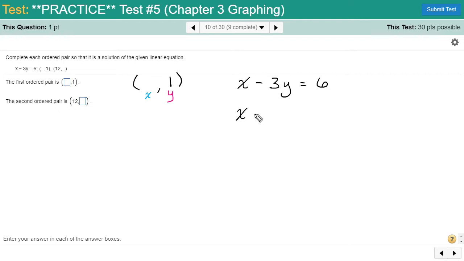So we're going to have x minus 3y, but again, because we've been given a value for y, in this case positive 1, let's plug that in and see what happens. So cleaning up the left-hand side here, we're going to distribute. So we have x minus 3, right? Because negative 3 times positive 1 is negative 3, equals 6.